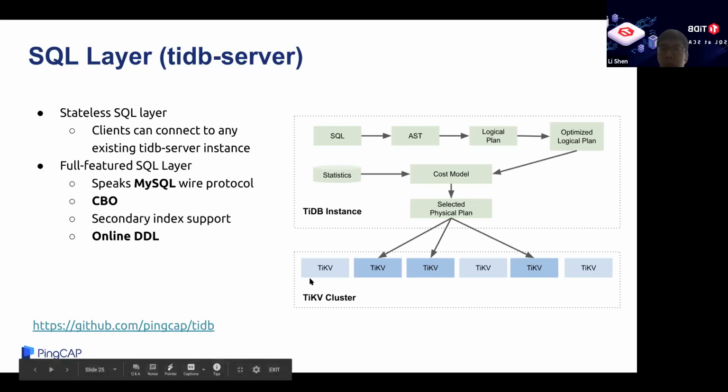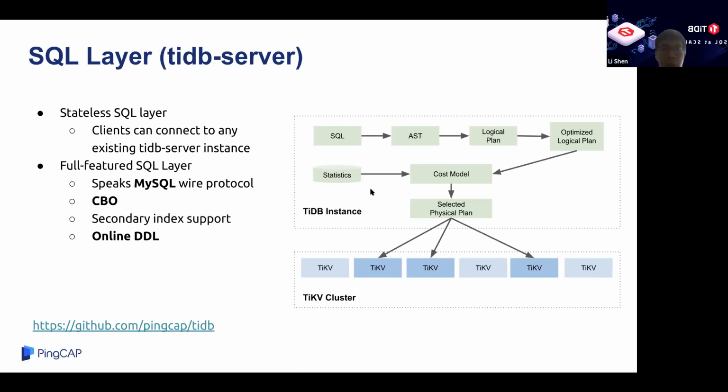You can see that our tidb-server, or SQL layer, is a full-featured SQL layer. It does query parsing and optimizing, sends the request to the storage layer, gets the response back, and composes the result package to the MySQL client.